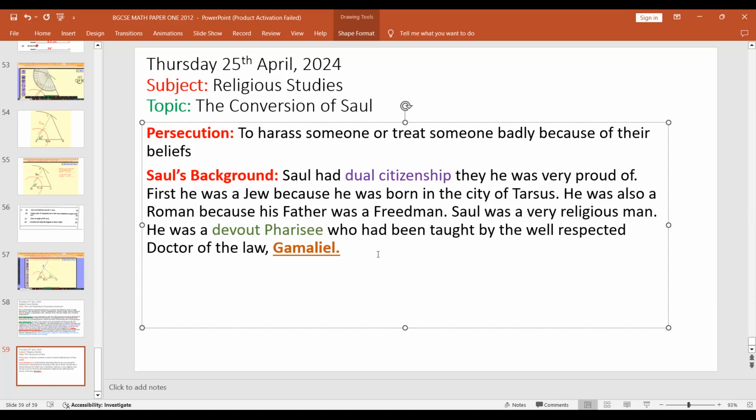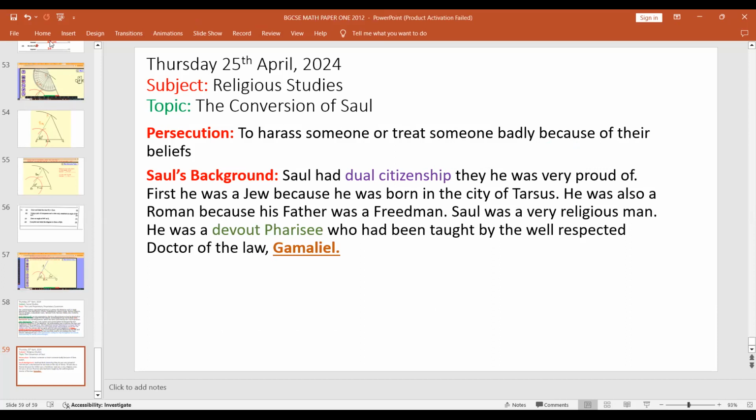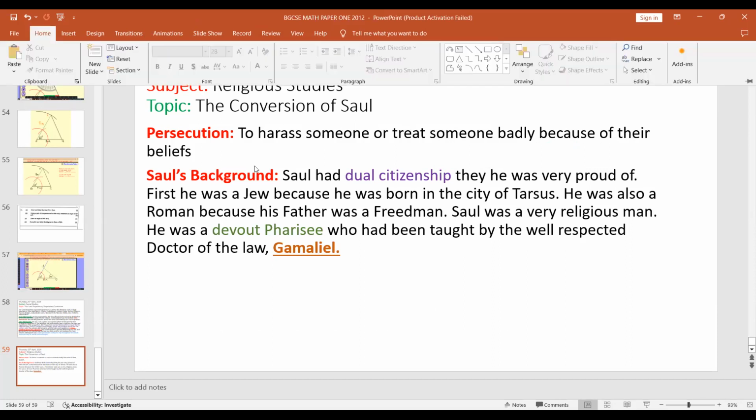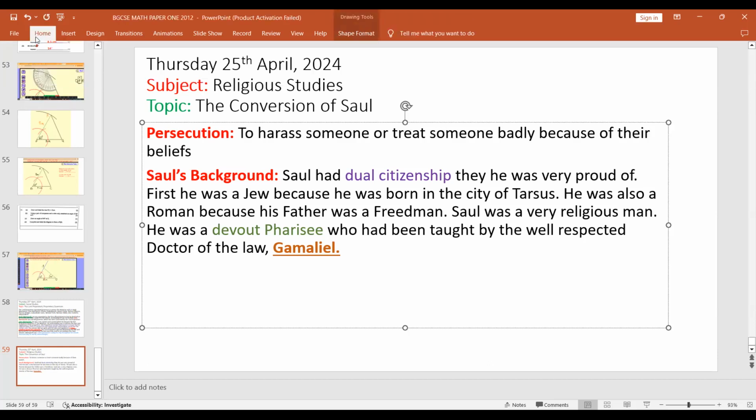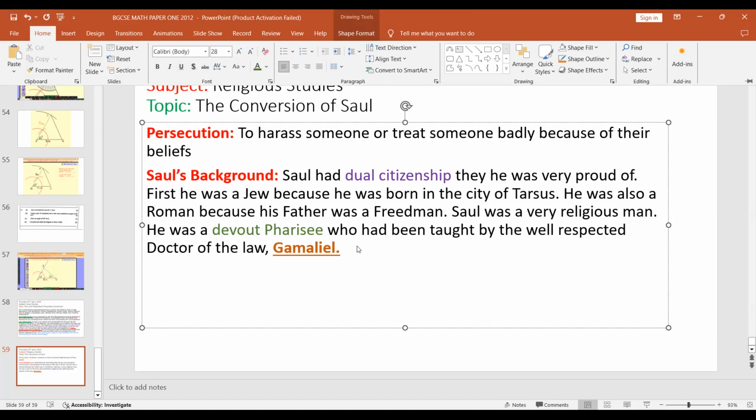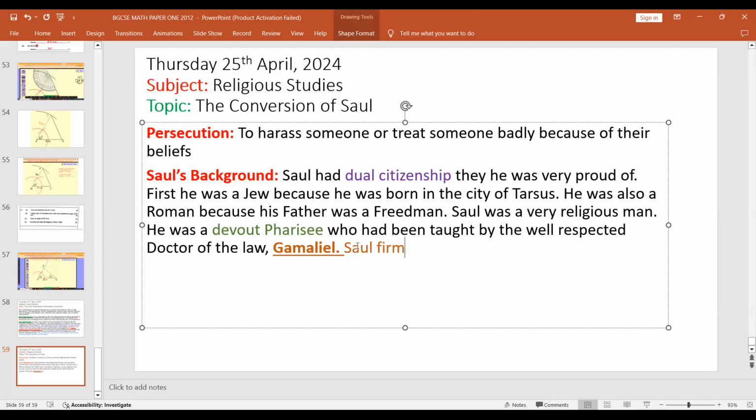So Saul firmly believed in the law of Moses and the teachings of the Jewish religion.